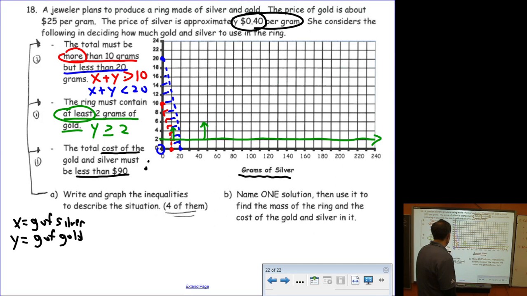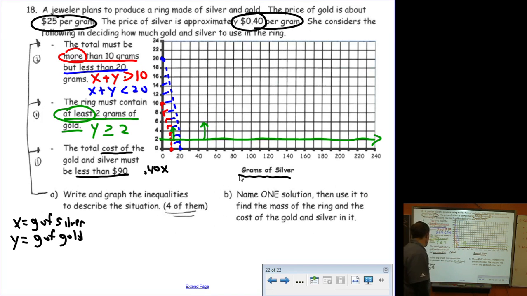So 0.40 times x would be the cost of all the grams of silver that I use. The gold is $25 per gram, so 25 times y would be the cost of all the gold that I'm going to use in this ring. And when I add those costs together, they have to be less than 90.